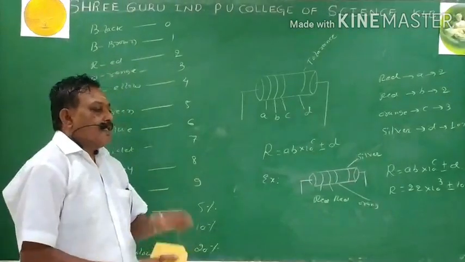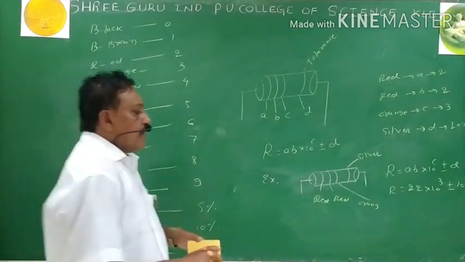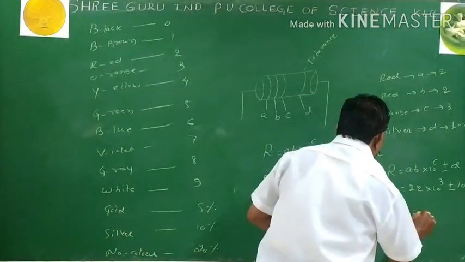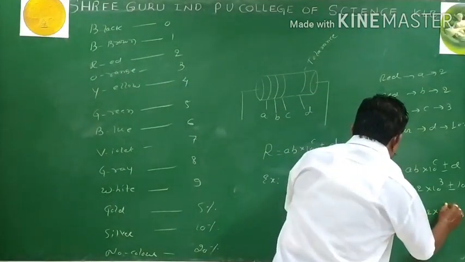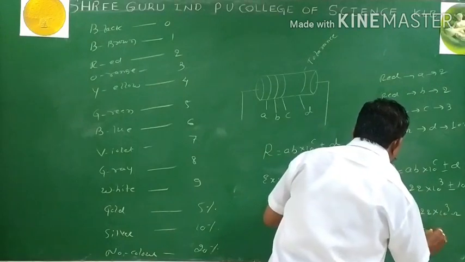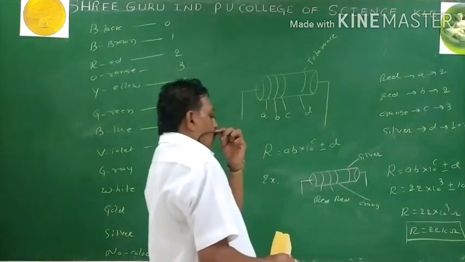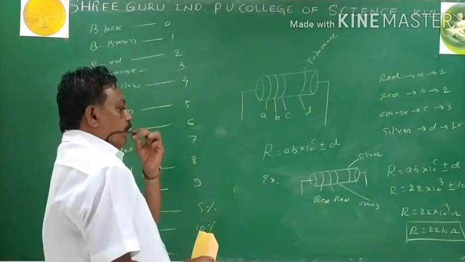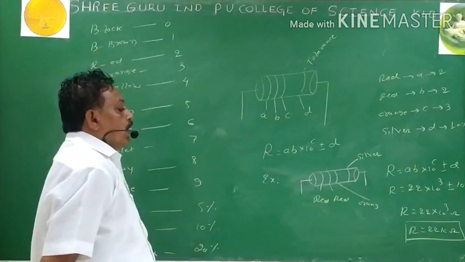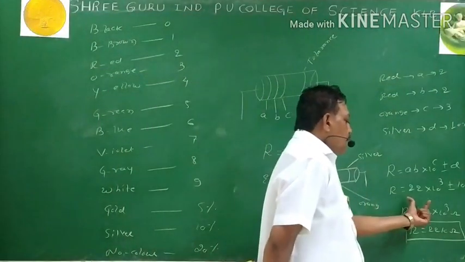Then what is the value of the resistance? Without considering the tolerance, we can say that R equals 22 into 10 to the power of 3 ohm. That is nothing but 22 kilo ohm. 10 to the power of 3 is nothing but what? Kilo. 22 kilo. So this is the value of the resistance without considering the tolerance.